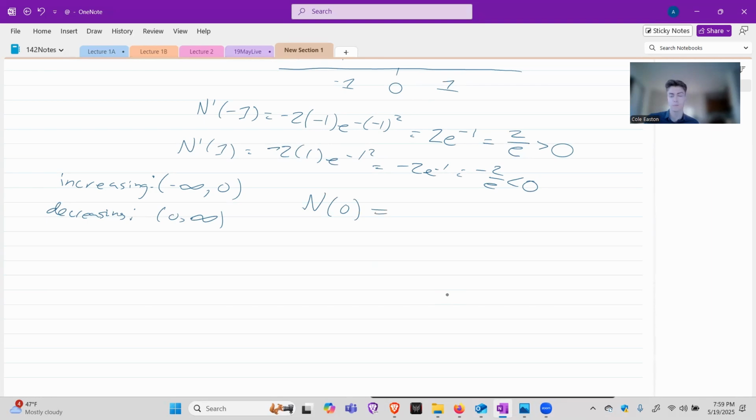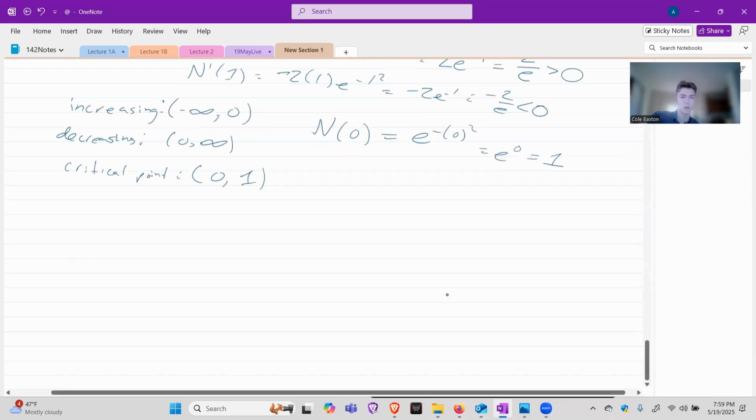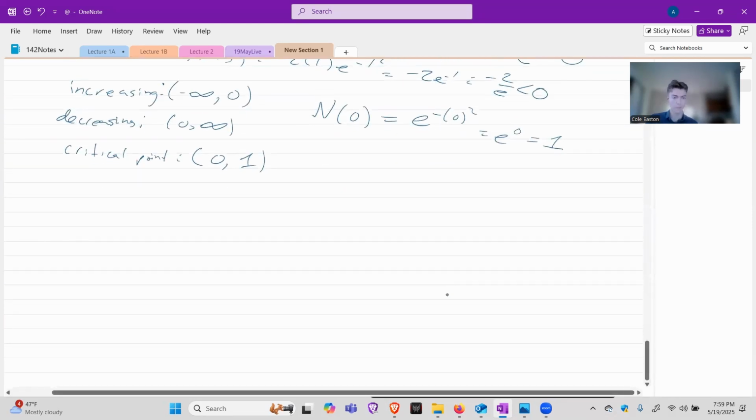So n of 0 is e to the -0 squared. So that's e to the 0, which is 1. So our critical point was when x equals 0, and we plugged that in and we got 1. So that's the coordinate (0, 1). And so that will help us graph a little bit.